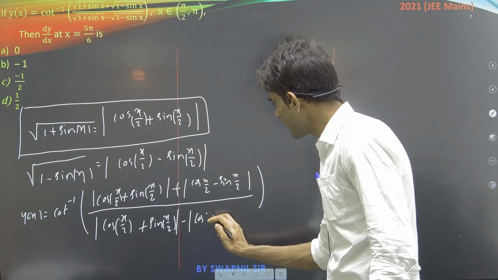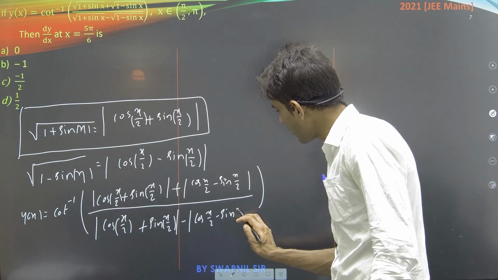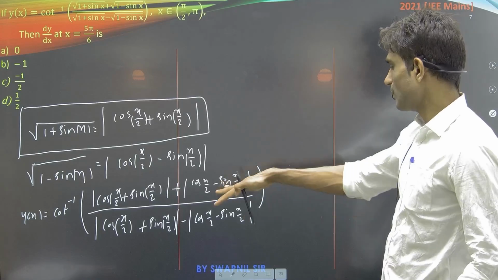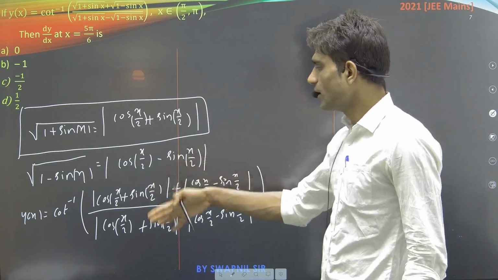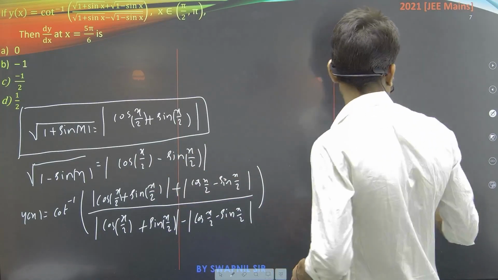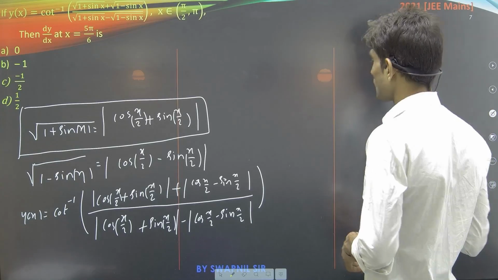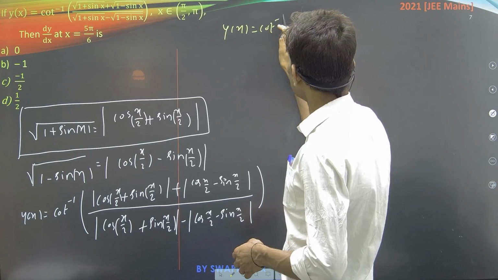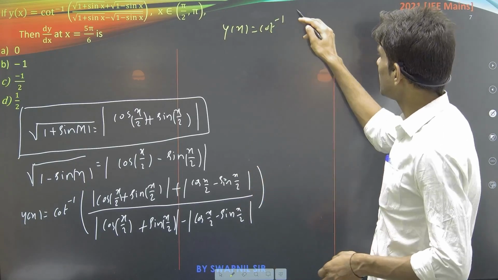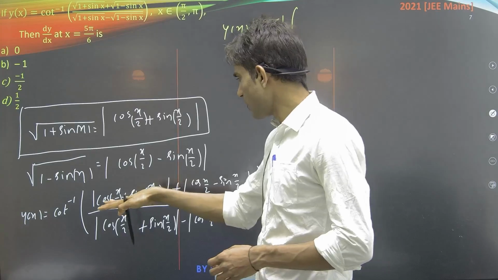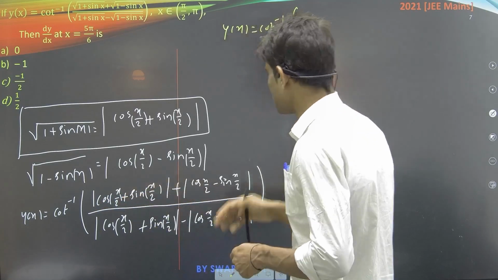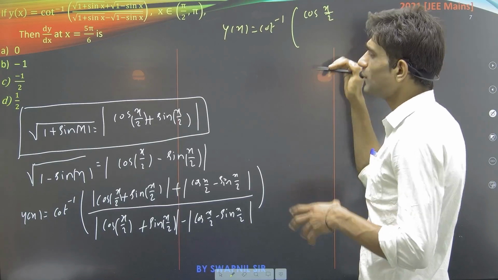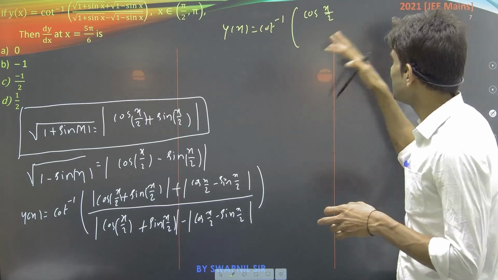Now expand this modulus and let's go for solving the modulus terms. In our next step we write y of x equal to cot inverse of under modulus. Now expand this part of the denominator, cos x by 2 plus sin x by 2, keep as it is. We cannot change it because all the terms are positive under modulus, it doesn't affect. So keep these terms as it is.